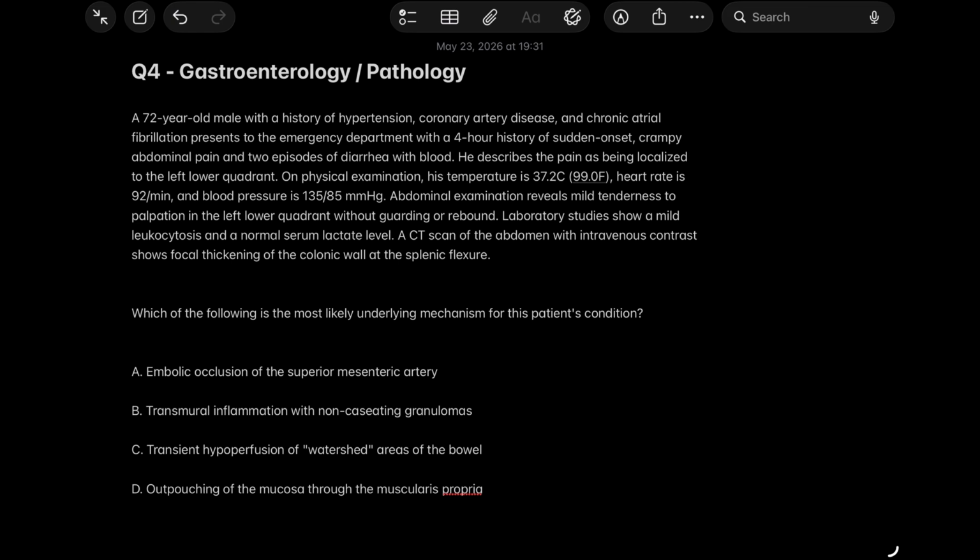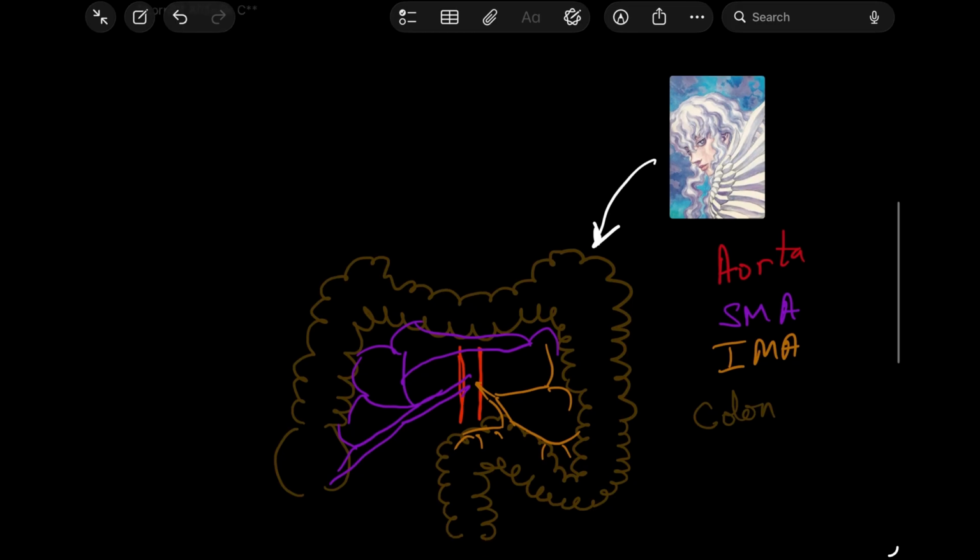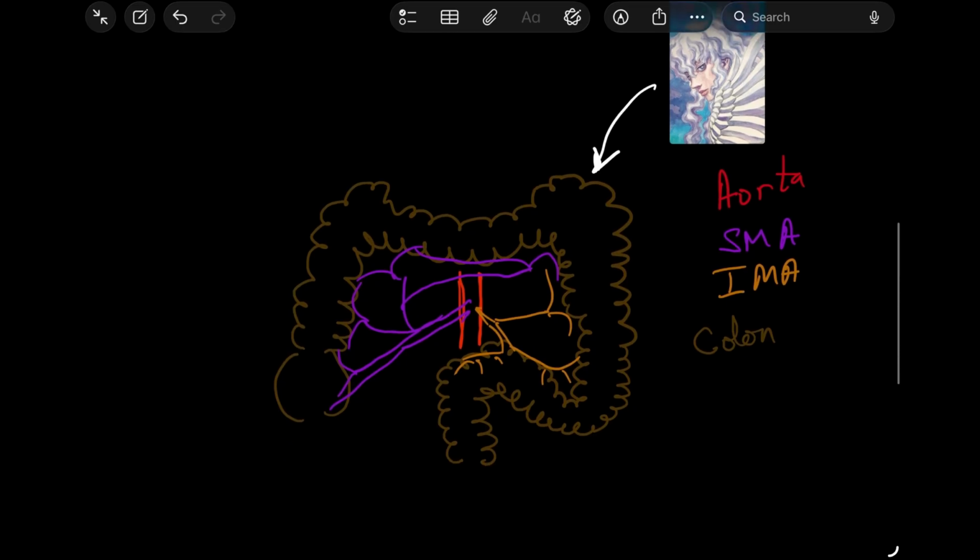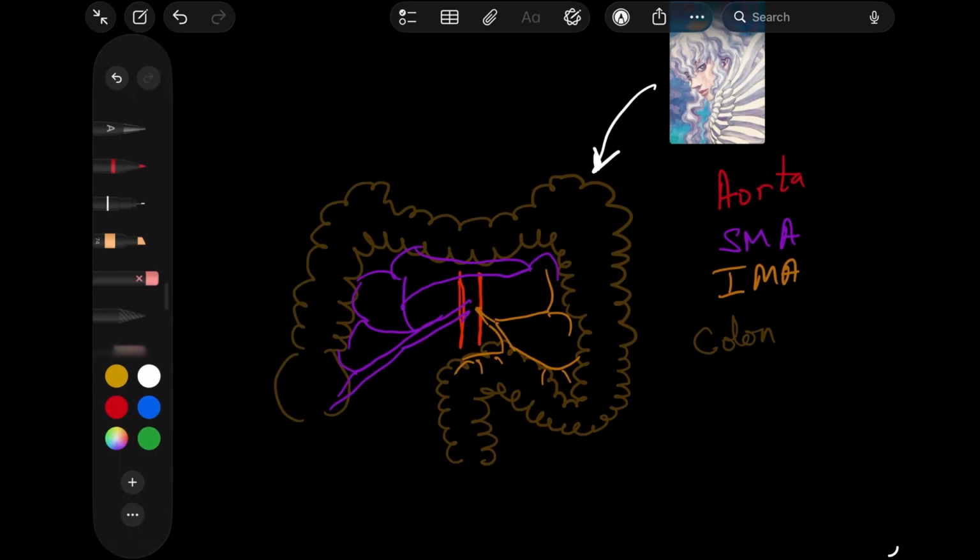So let's go into a little explanation of why option C is correct. Now over here we have a little diagram of the colon. Over here we have the cecum, the ascending colon, the transverse colon, the descending colon, and the sigmoid colon. And over here we have the rectum.